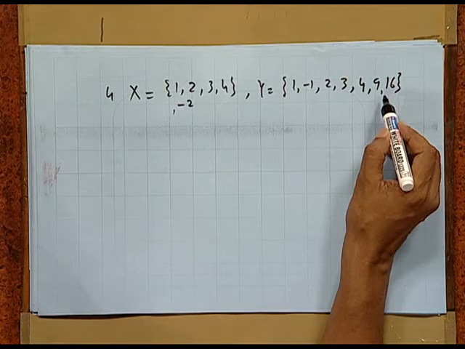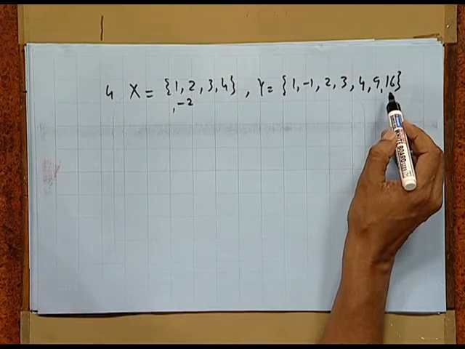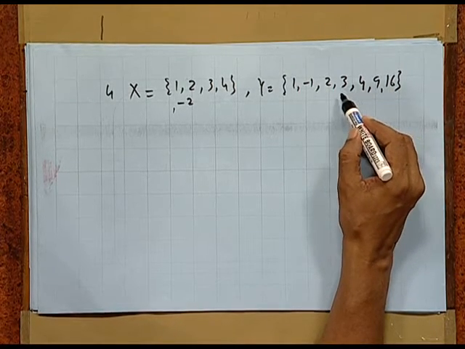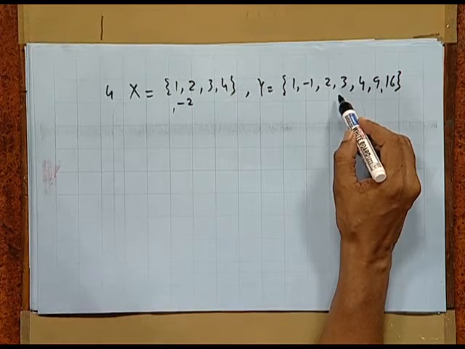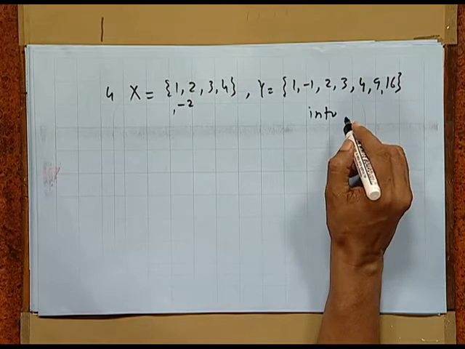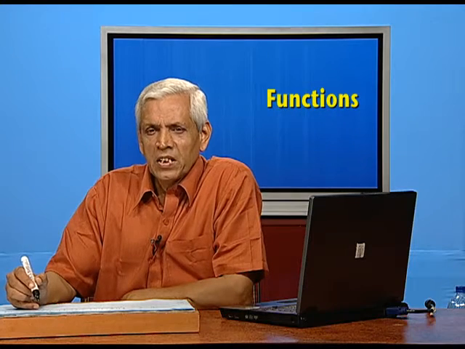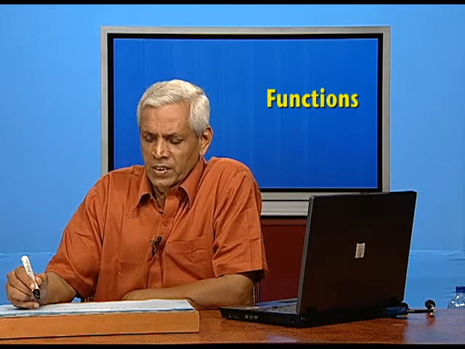Next question, is it onto or into? Well, look at the domain and codomain. In the codomain, number 3 has no pre-image in the domain. So, it is a case of an into function. Next question is whether it is many-one or 1-1.